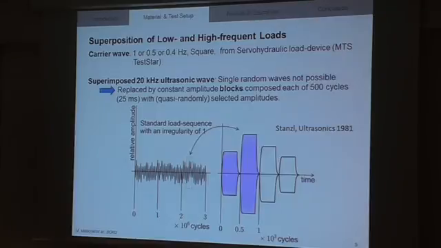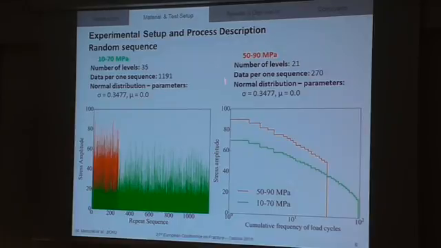In the test case, we have two different ultrasonic random sequences: one from 10 to 70 megapascal, in green in this diagram, and the second from 50 to 90 megapascal. Both follow the same Gaussian distribution with sigma 0.3477.